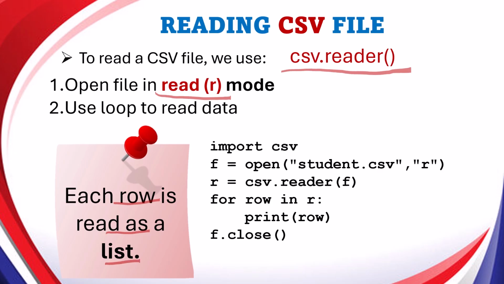Have a look on this function that is used, that reads the data and displays row wise on the screen. First, import CSV module, open CSV file in R mode, use reader function to read the data from the CSV file. It reads the data in the form of list and stores to the variable r. Traverse that list and print entire data on the screen.